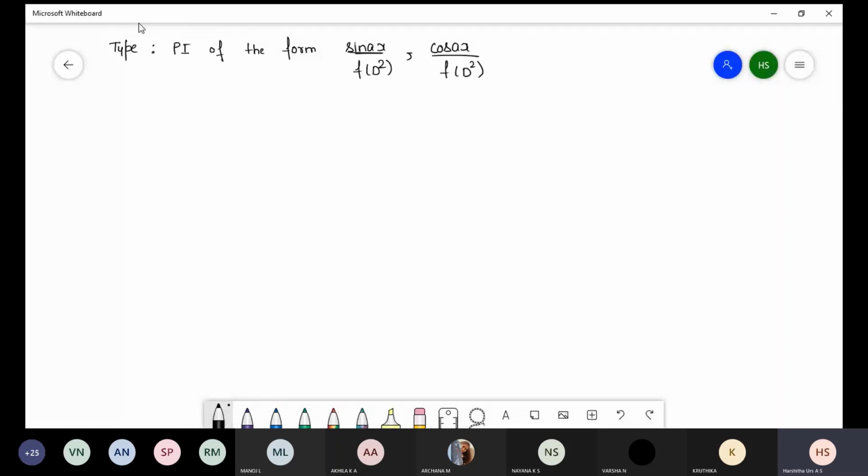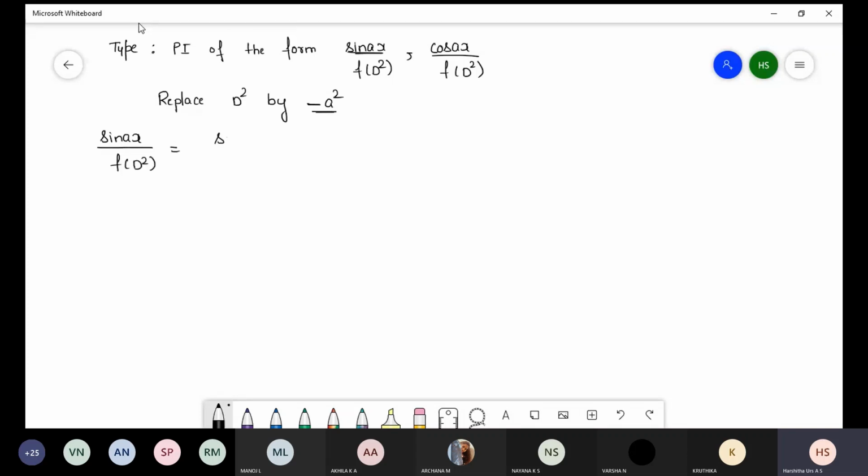Here we have to replace, see properly, replace D square by minus a square. So here I will write for sine ax: sine ax divided by f of D square.